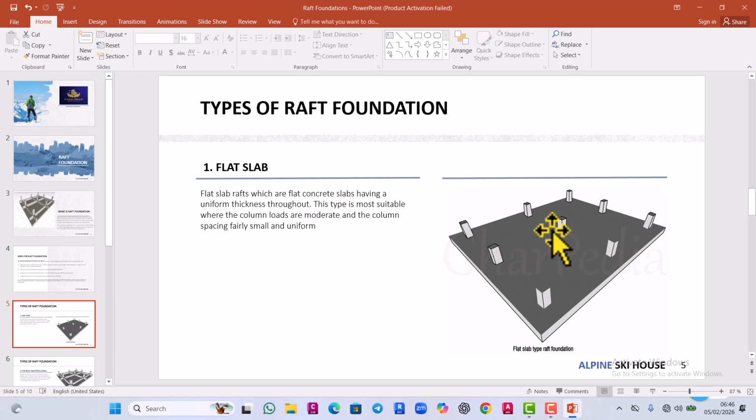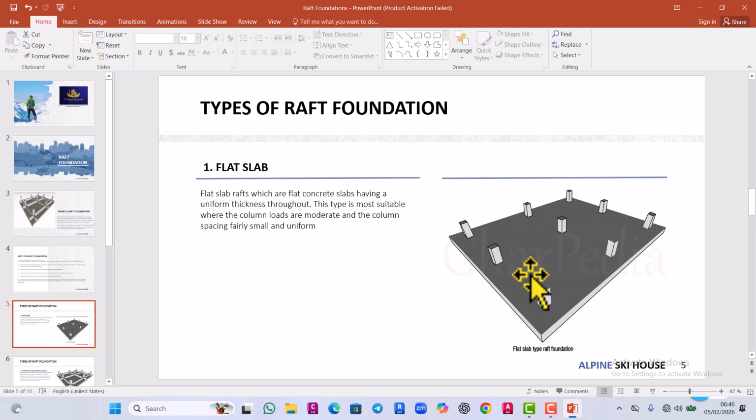One of the problems of this type of raft foundation is that you have to design against punching shear, just like you design against punching shear in your footing. For this one as well, you have to design for it, because the columns are coming onto it, and there is high possibility of punching.